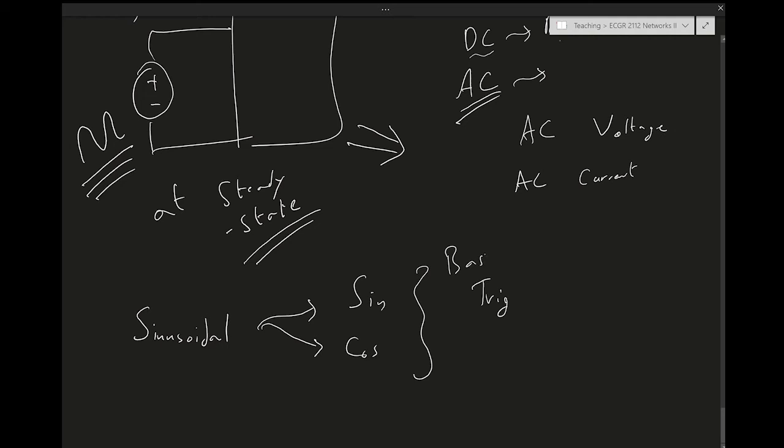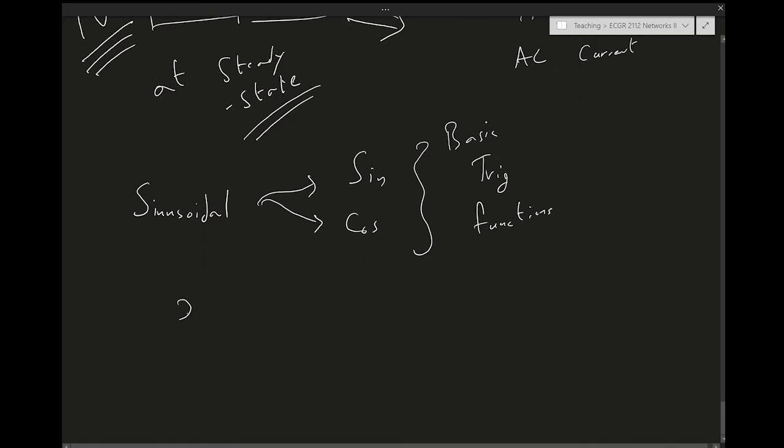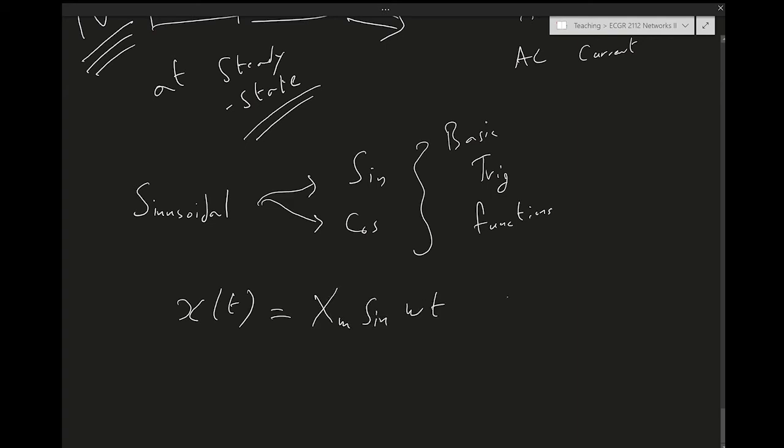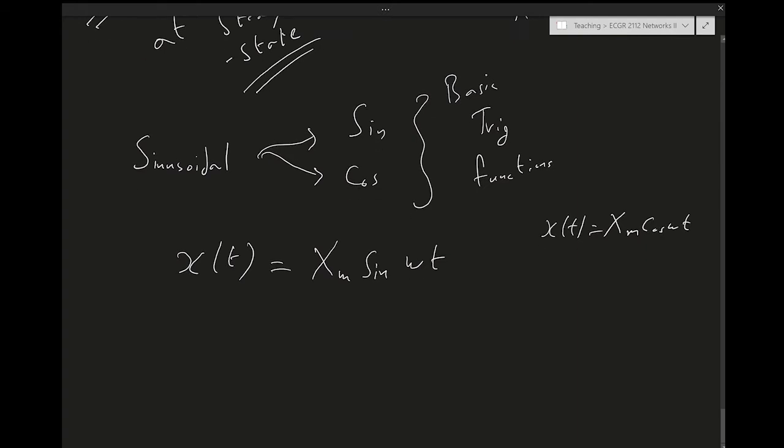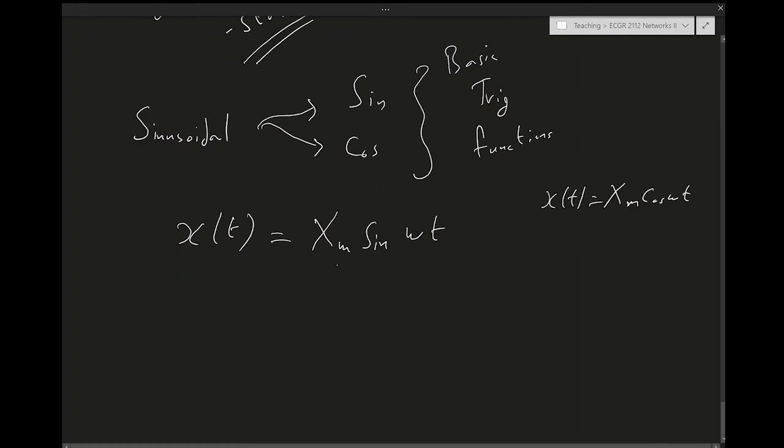So I could say x of t, any general circuit variable, that could be a voltage source or current source, is Xm sine omega t, or I could write it as Xm cosine omega t, right? Xm is called the amplitude or the magnitude.